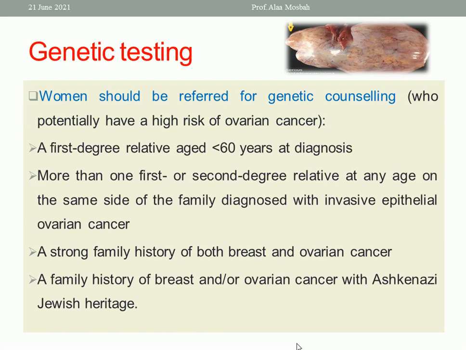Strong family history of both breast and ovarian cancer. A family history of breast and or ovarian cancer with Ashkenazi Jewish heritage. If you remember, when we said in cases with BRCA mutation, the possibility of cancer in Jewish Ashkenazi is 1 in 40 or 1 in 50, so it's very high.